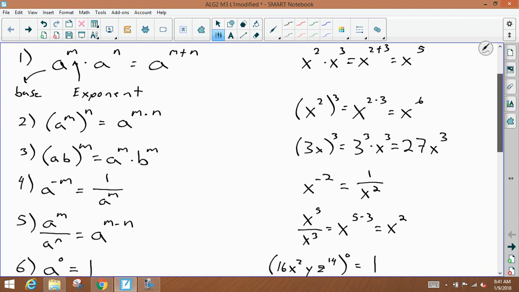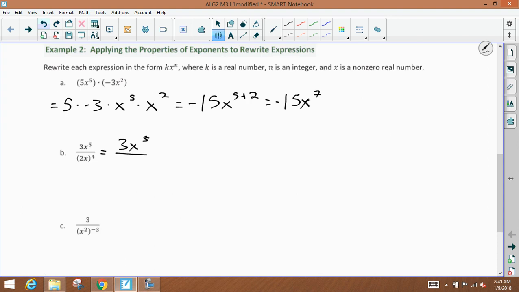I'm using property 3 first. I have to distribute that exponent. So this becomes 2 to the 4th power times x to the 4th power, right?